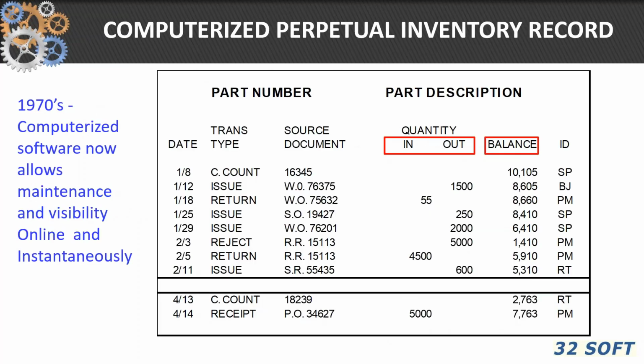Luckily, in the 1970s, we developed, along with Pam and Carl with QAD, Ollie White and George Plaza with MRP, the ability to have a computerized perpetual record, so that now the continuously updated quantity on hand and the audit trails are virtually online and instantaneous.